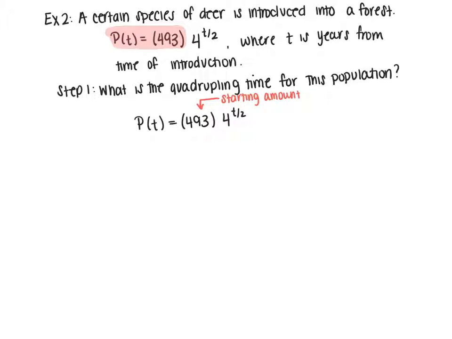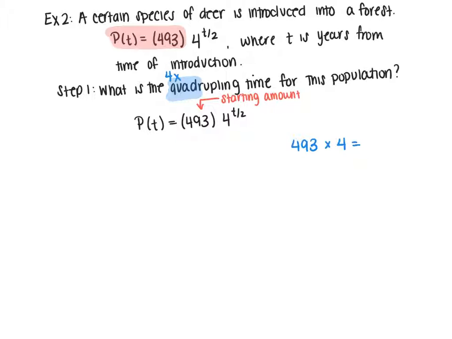Well, quadrupling means that you're going to multiply by 4. Quadrupling is 4 times whatever. So I'm going to take 493 and multiply by 4, and that's going to get me the amount of deer I want to find that time for. Because again, it says, what is the quadrupling time?